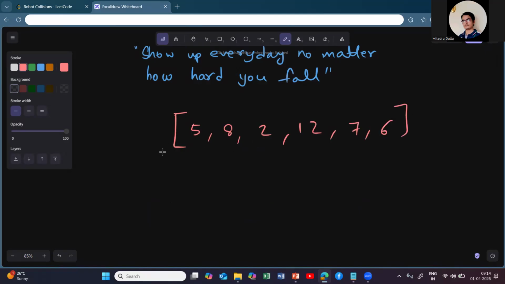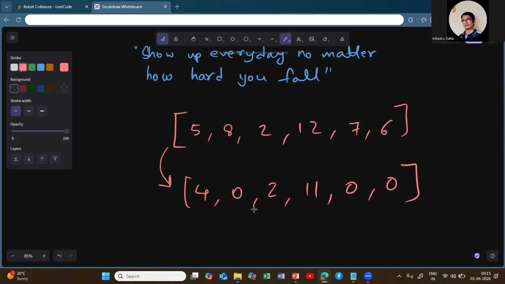After some processing, you realize that after all the collisions, let's say your answer came up to be something like this. I'm not saying this will be the answer for this array, but let's say.